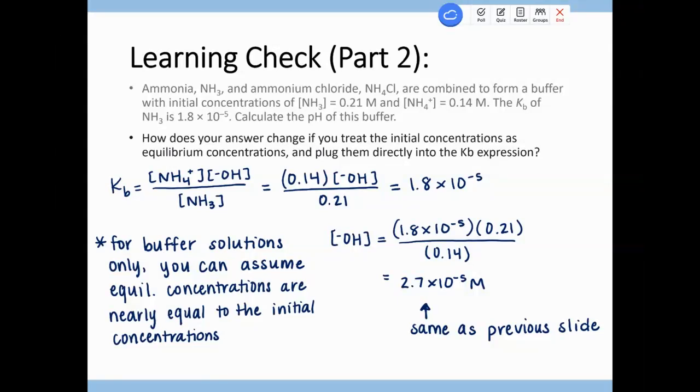So we would still have to take the concentration of OH minus, calculate pOH, and then get to pH. But since the concentration of OH minus is the same as the previous slide, we'll still get the same pH. But again, we don't need an ICE table.